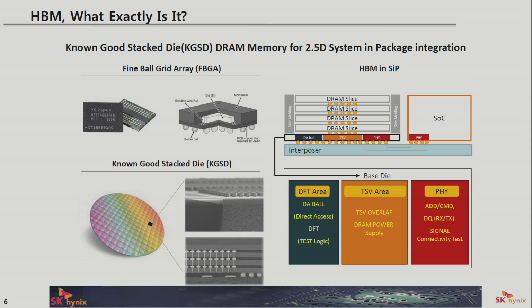With the HBM device, in the figure on the top right, we have TSV that runs down the center of the die. And then at the bottom of the die, we call it the base die, the signals are routed from the TSV regions out to the PHY area. To integrate the HBM into a system in package, or into the same package with the processor or an ASIC, the processor would then interface to the HBM through an interposer.